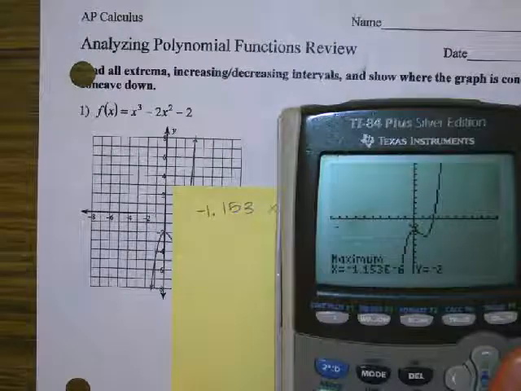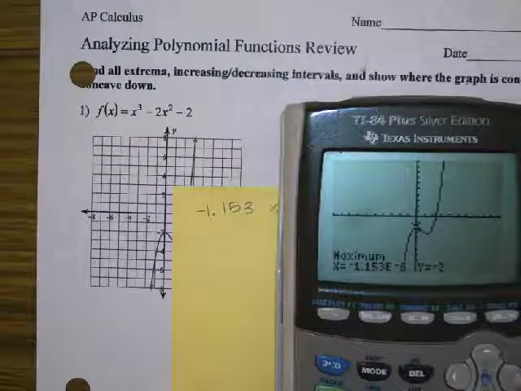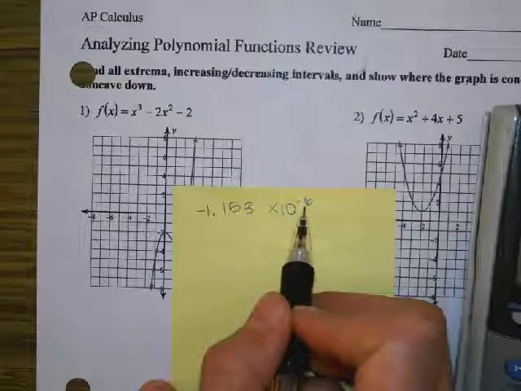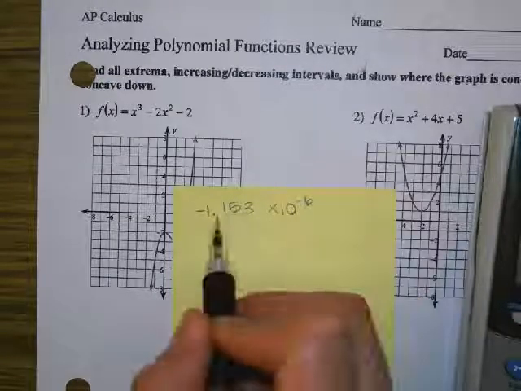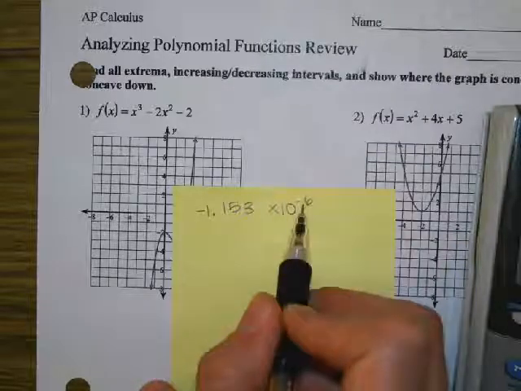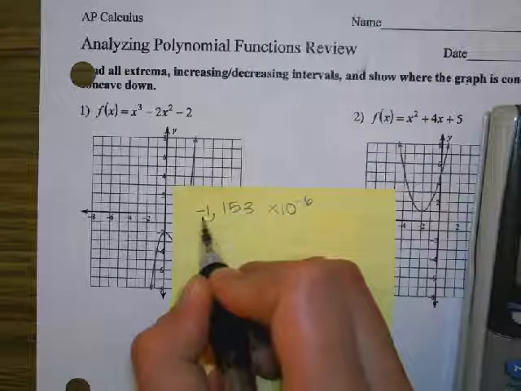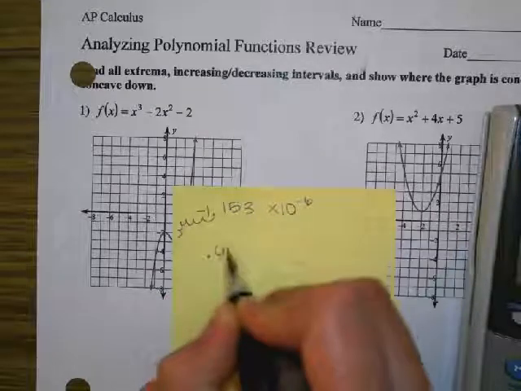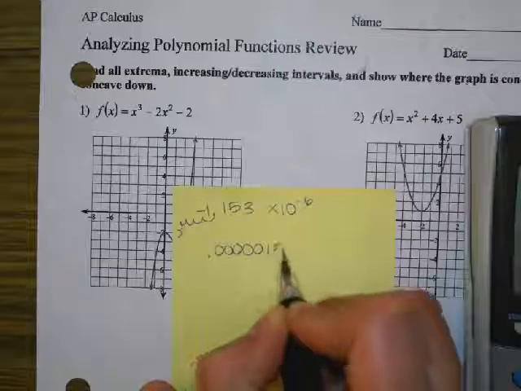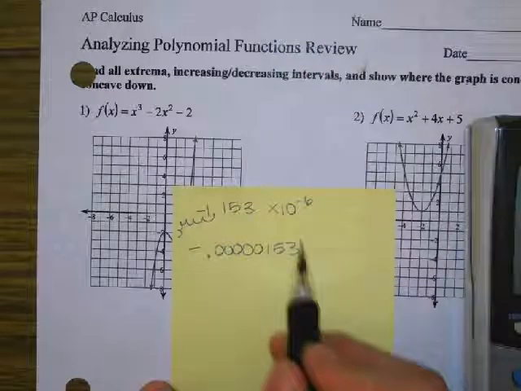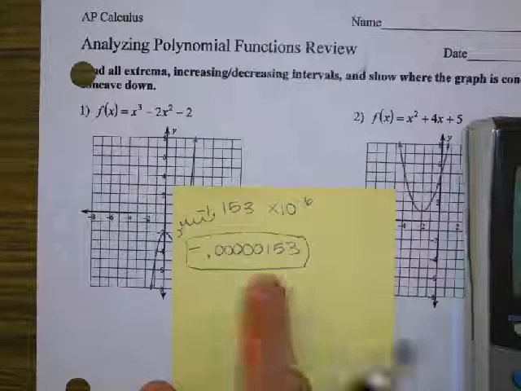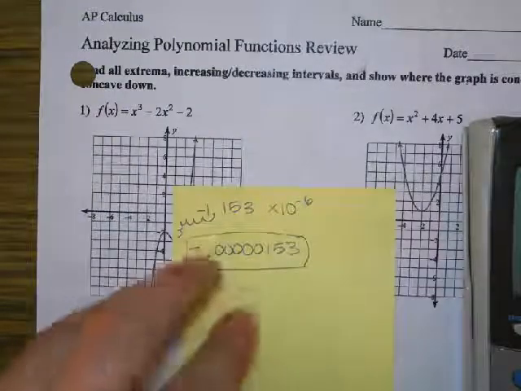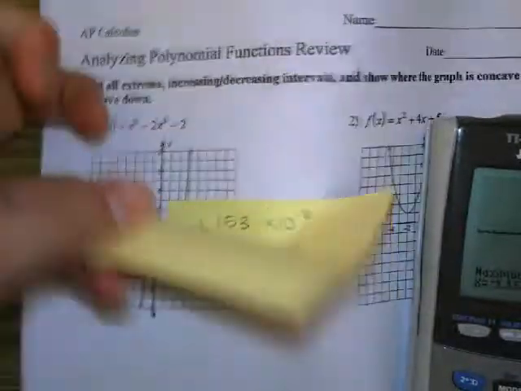Anytime you see that on the calculator, it really means -1.153 times 10 to the -6th. If you remember how scientific notation works, this is taking your decimal and moving it 6 places to the left. So 1, 2, 3, 4, 5, 6. So that is the actual decimal that your calculator was talking about, and that is basically 0. So the x-coordinate there was 0, the y-coordinate was -2.